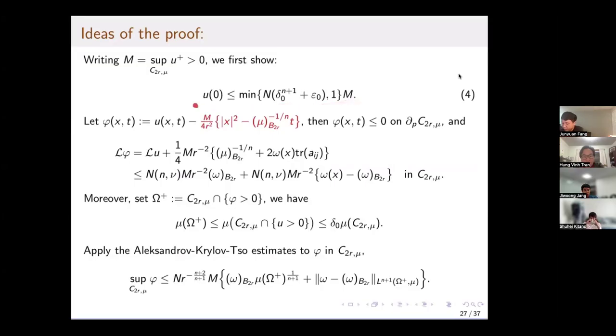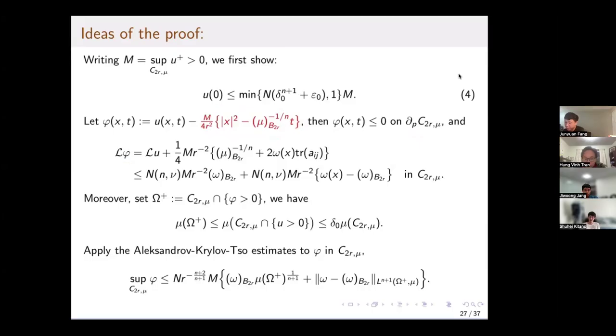For simplicity, we only need to show on the center that it is less than this quantity. So the right part is kind of like a barrier function. We construct this barrier function. Then we have this phi on the parabolic boundary is less than 0. We apply the operator to this function.